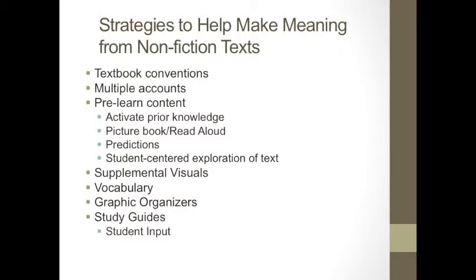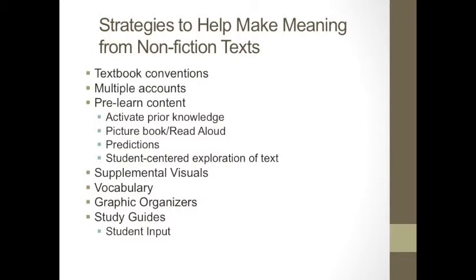Helping students pre-learn the content, so activating their prior knowledge before they're reading a text, doing a read aloud, a picture book read aloud, before looking at a textbook, making predictions, a student-centered exploration of the text. So just before they even start to read, have them look through the text and look at the different types of organizational structures of a textbook, or again, a more dense informational text.